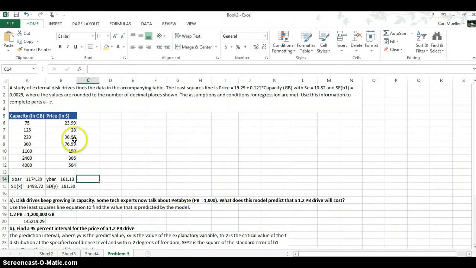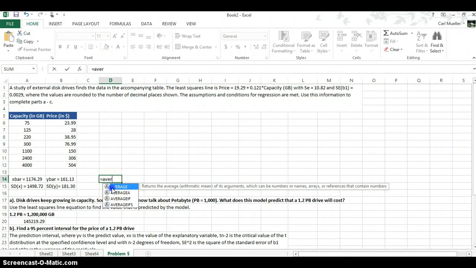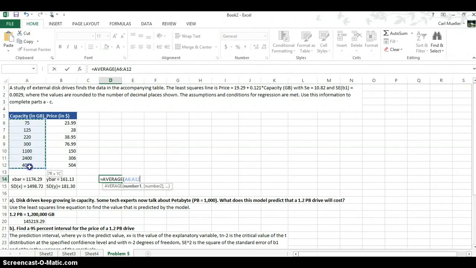So this is the data that we have. You can see the scrolling of capacity in terms of memory and the respective prices. X bar and your standard deviations, if you remember from a while ago, are pretty easy in Excel. For X bar, which is essentially the mean, you just type your average and close the parentheses.